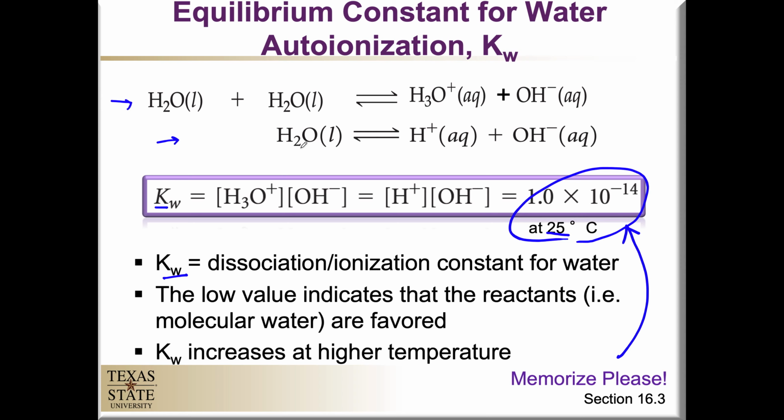The other thing that we want to remember is that K's in general, your equilibrium constants, including Kw, increase with temperature. And so if you have a problem where the temperature has been changed, you want to make sure to adapt to the situation. In most problems, you either will be provided the concentration information to be able to find Kw, or you will be provided with the value of Kw for that particular problem.